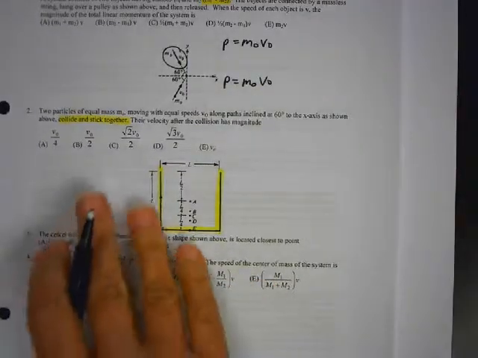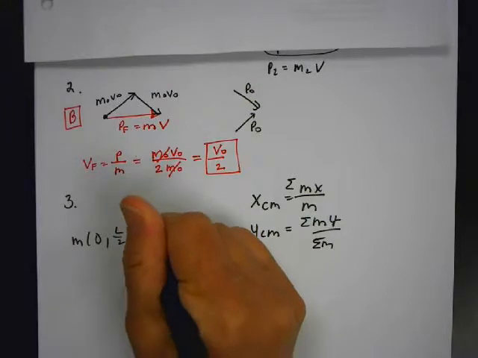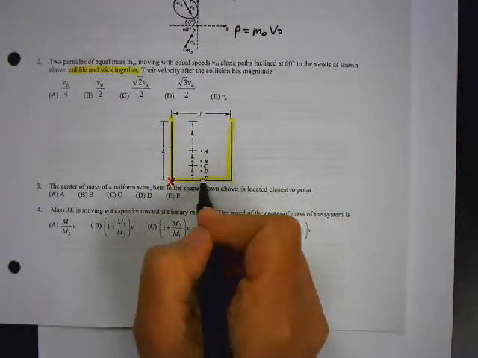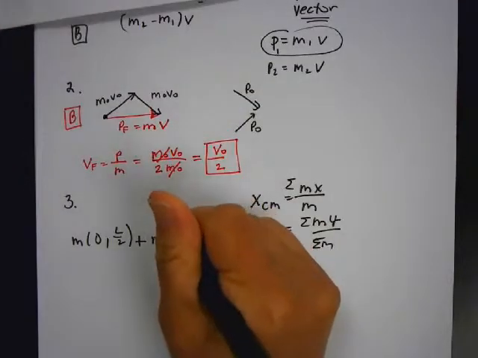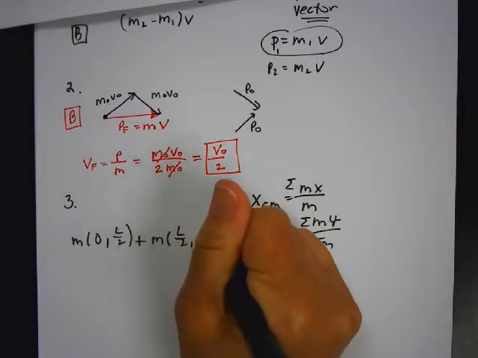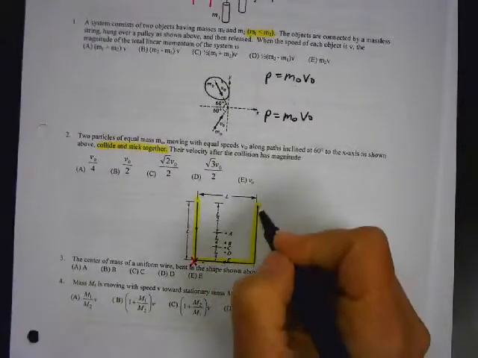Plus, now let's say I do the middle piece. So this middle piece, the mass is m. In the x direction, it's going to be L over 2. And in the y direction, it's 0 because it's on the x. So this is going to be L over 2 times 0. And then the third piece, which is this piece, is again m.